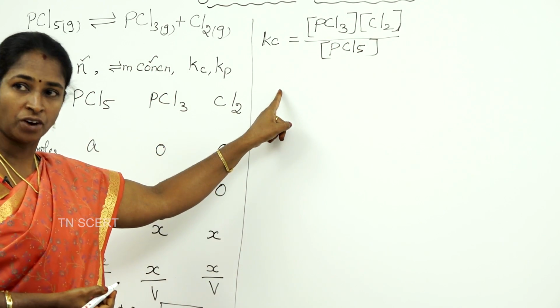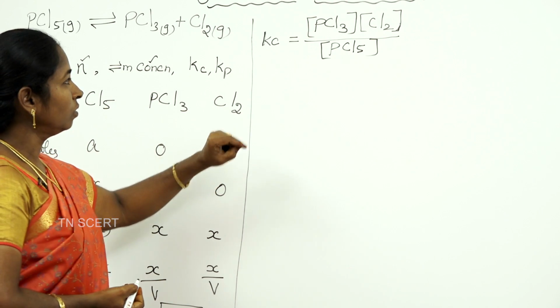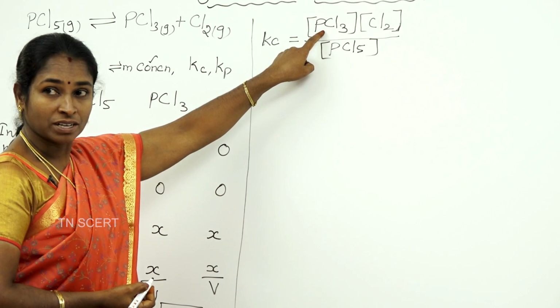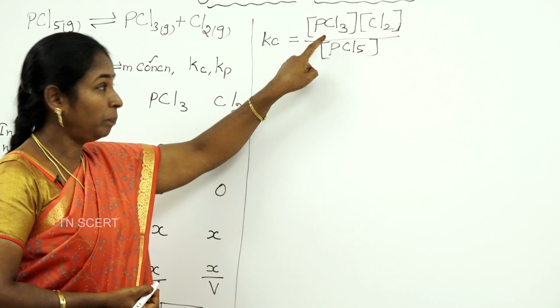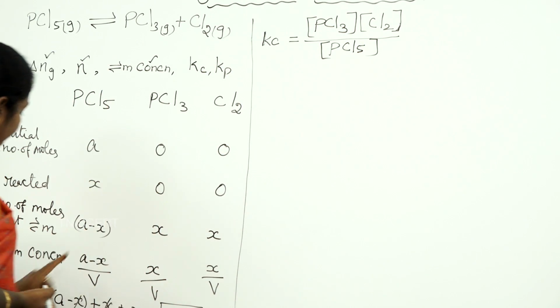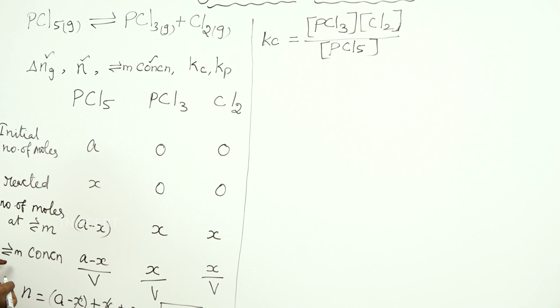This is the expression for Kc. Now, these are active masses, is it not? So, apply the active masses, that is the equilibrium concentrations, as we calculated already.